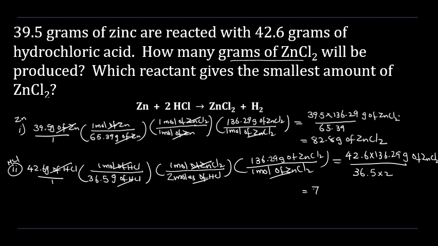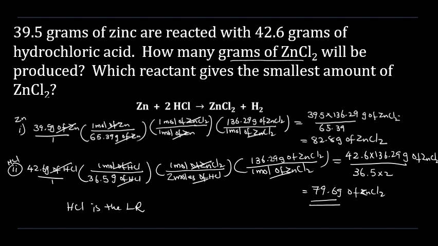That gives us 79.6 grams of ZnCl2. So we have fewer grams of the product here. So HCl is the limiting reagent.